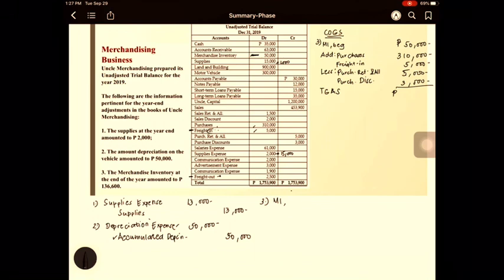That would be 50,000 plus 310,000 plus 5,000 pesos minus 5,000 purchase returns minus the discount of 3,000 pesos. So how much is our total goods available for sale? You should have computed there.